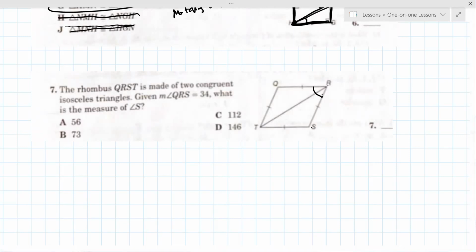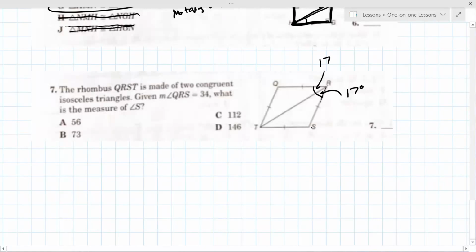So there's a lot that goes into this. You have to realize that this angle right here and this angle right here are congruent. So it's not a good idea to do this, but it is okay to sometimes assume that they are. So they're each 17.